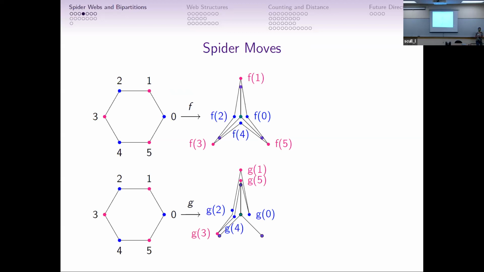The only vertex I moved the image of was 5. It had an edge to 0 and an edge to 4. And in fact, my new image of 5 still has edges to the images of 0 and 4. So I'm good to go. This is a legitimate spider move. Just for the sake of simplicity, to keep the diagrams clean, sometimes I will represent them like so.